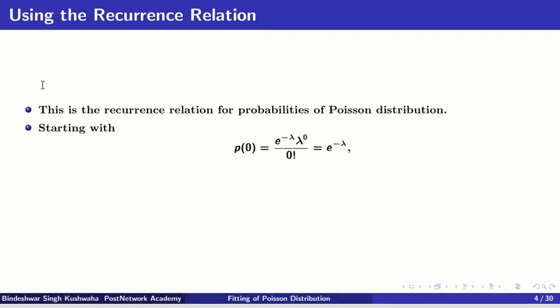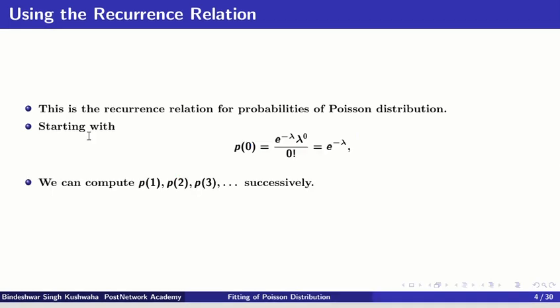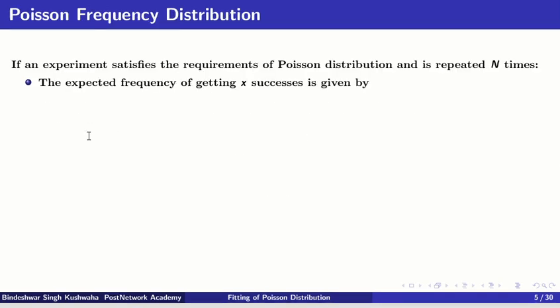If we start with x equal to 0, e raised to minus lambda, lambda raised to 0 upon factorial 0 would be 1, so we will get e raised to minus lambda. And we can compute P1, P2, P3, all these probabilities.